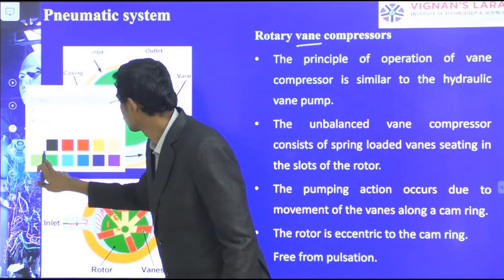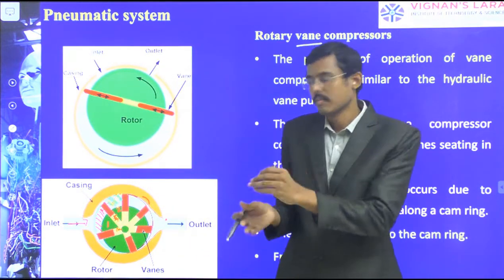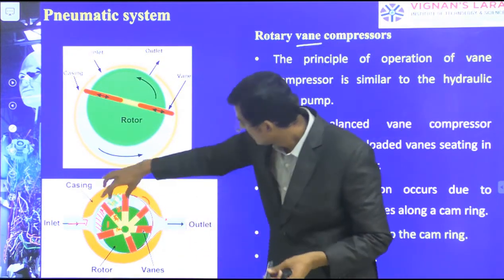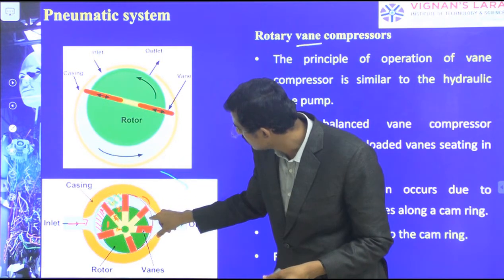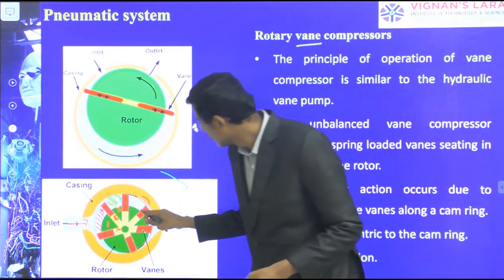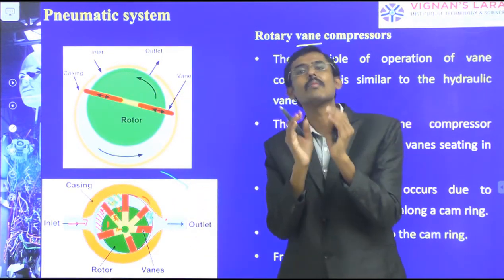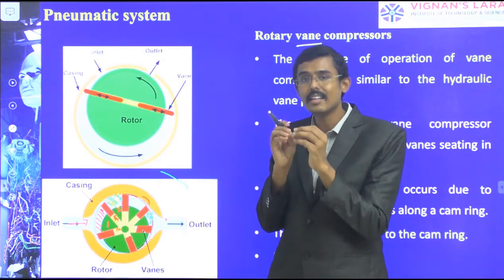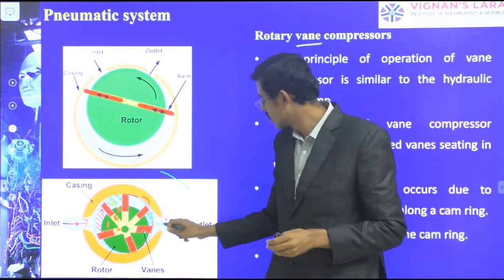This is the compressed one. Again, further, it is compressed. When it comes out to this point, more compression takes place in total. At the compressed state of reduced volume, it takes exit.